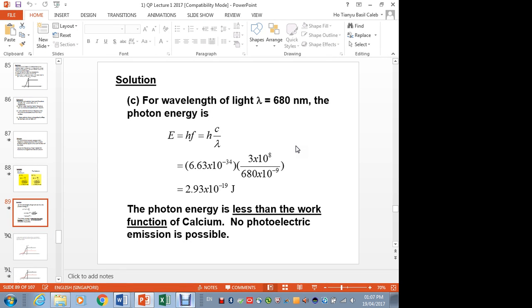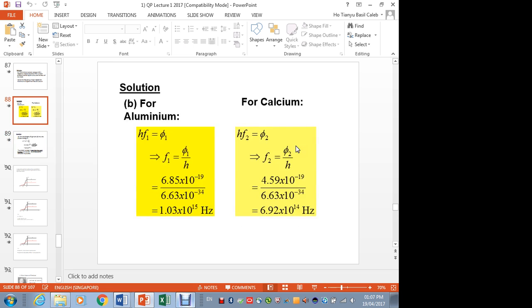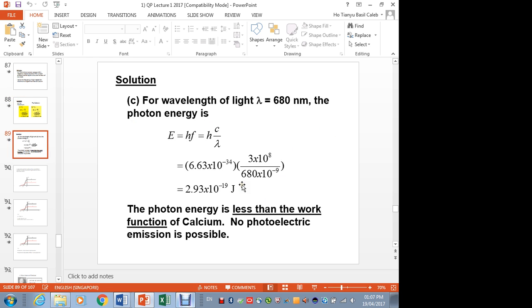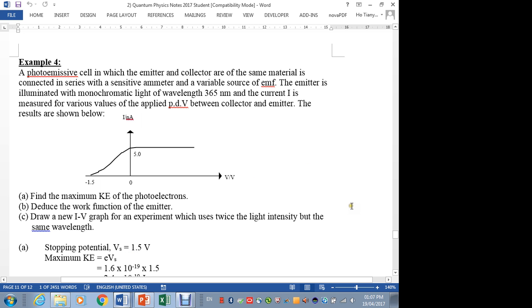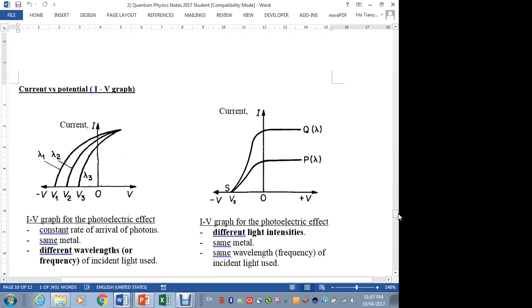So with that, we've come to the end of the lecture. But since nobody brought up this question, let me ask you this. These are both IV graphs, right? Is it okay to curve this way? Is it okay to curve this way?